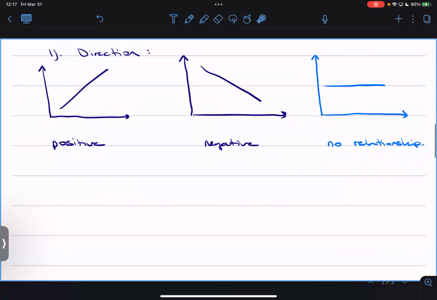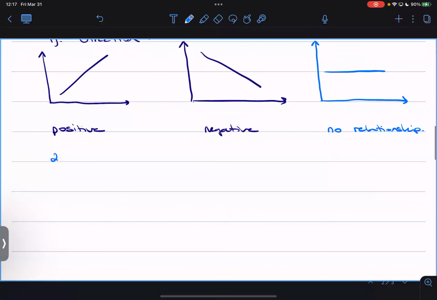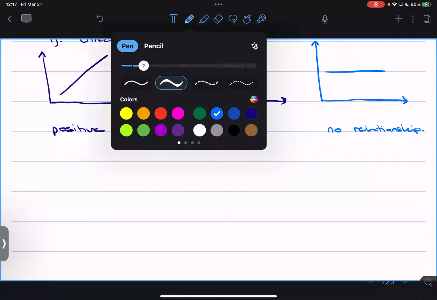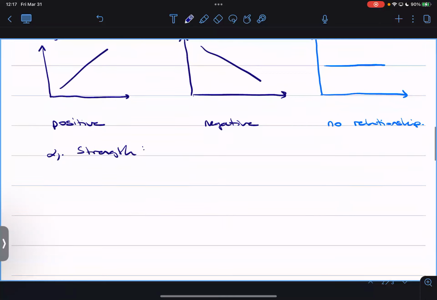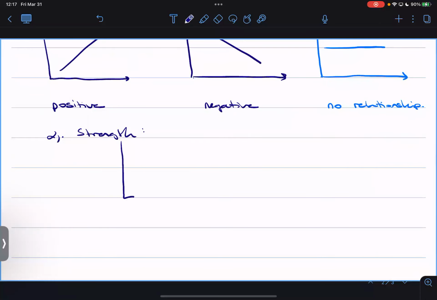All right, in terms of the strength, you can have a strong relationship, which is when all these points are close together, or a weak relationship.